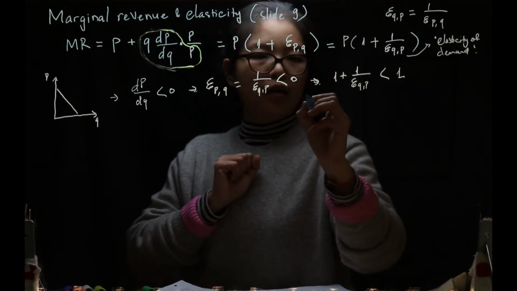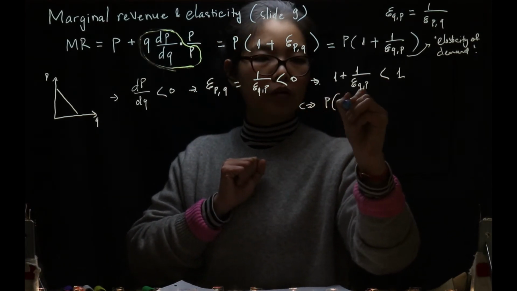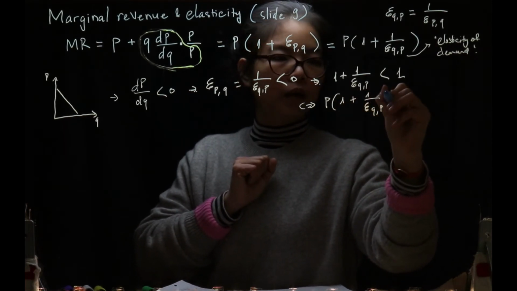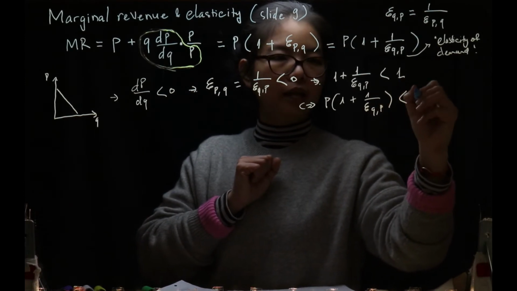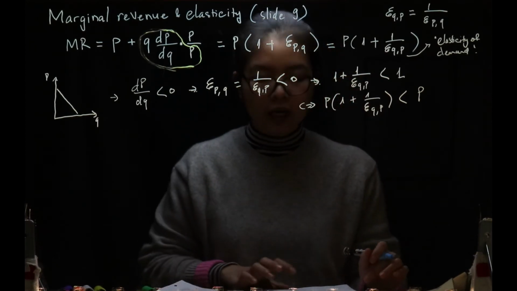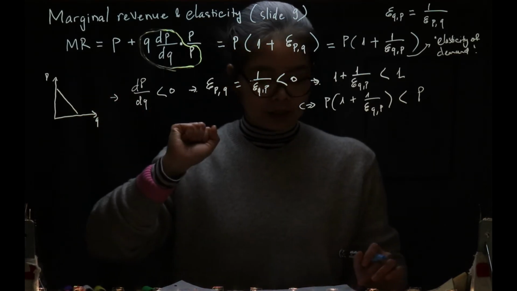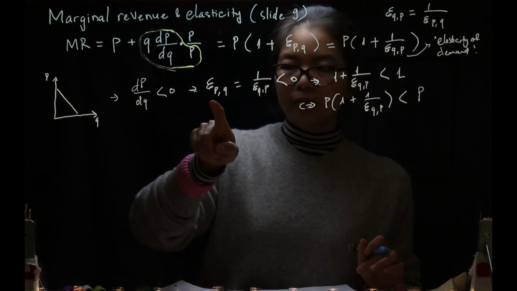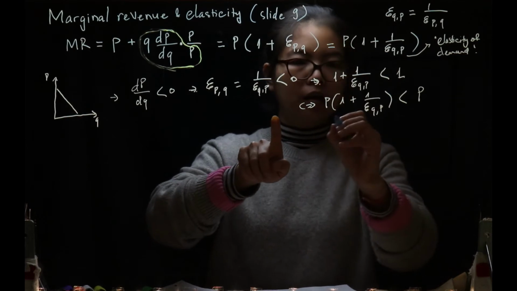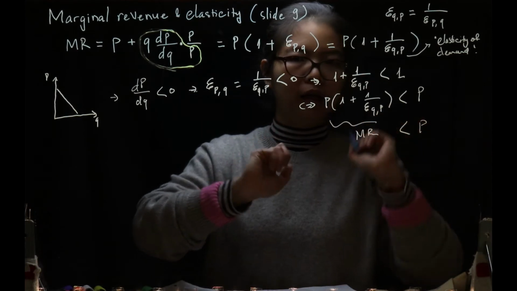And you could also go further by multiplying both sides by P. So P times 1 plus 1 over EQP is smaller than P, right? And this is what's happening in the background, so that we could say that if the demand is downward sloping, then the elasticity of demand is negative, and because of that, marginal revenue is smaller than P.